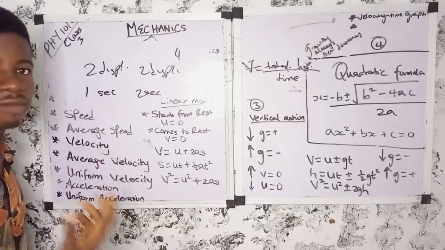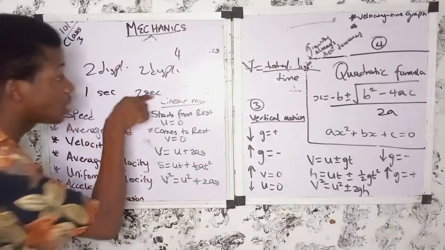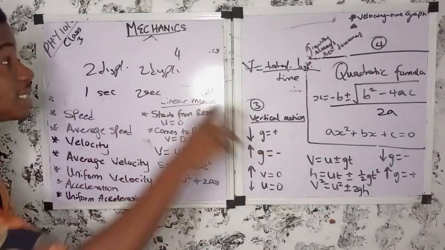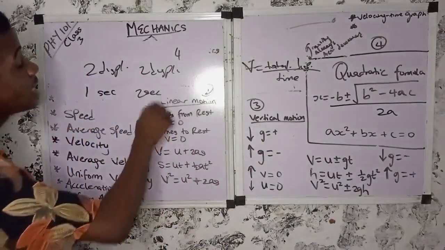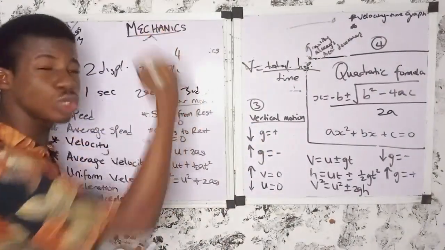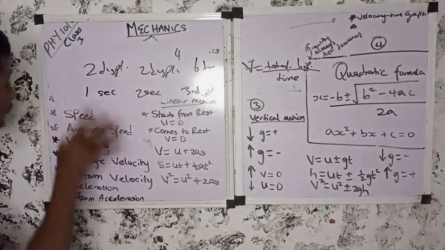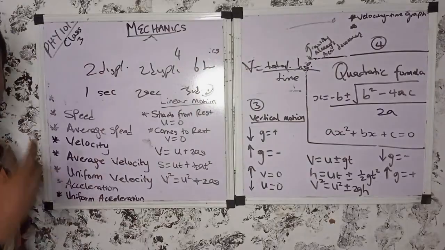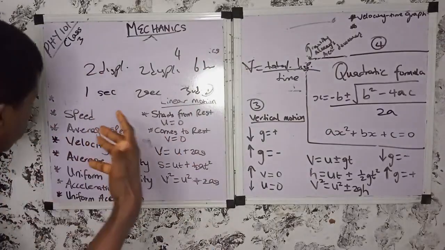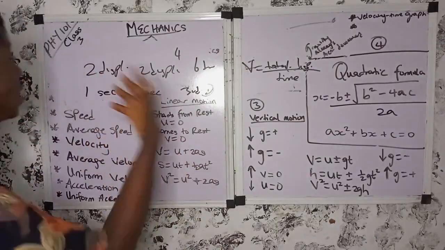In the first second, it travels 2 displacements. In the second second, it travels another 2 displacements, making it 4. In the third second, it travels another 2 displacements, making it 6 displacements. I don't know if you understand. So that type of velocity is known as uniform velocity, when the body travels equal displacement in equal time interval.